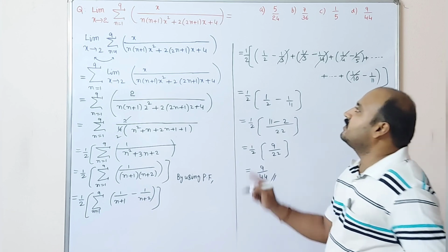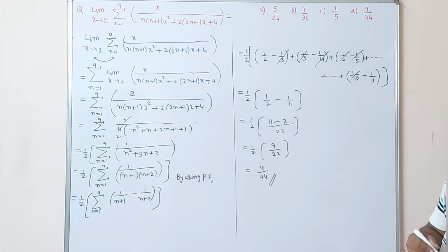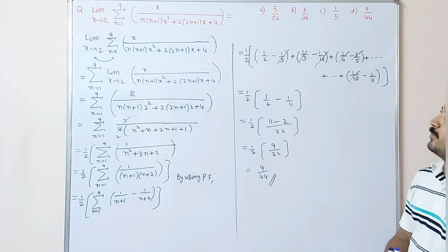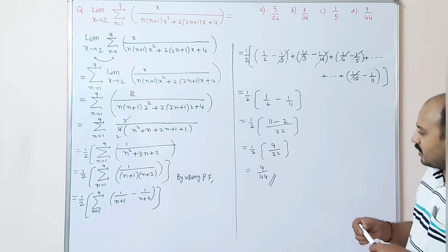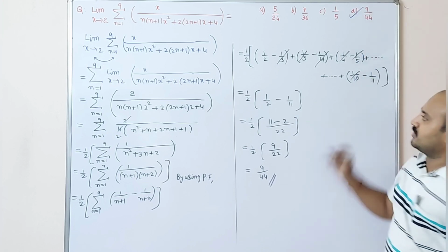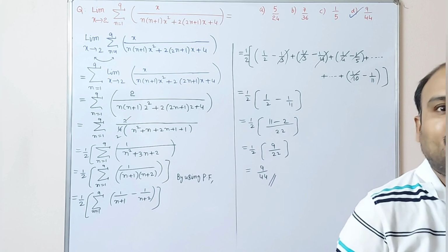So therefore the given limit x tends to 2, sigma n is equal to 1 to 9, x by n into n plus 1 into x squared plus 2 into 2n plus 1 into x plus 4 equals 9 by 44, which is there in the fourth option. I hope everyone understands, dear students. Move to the next one.